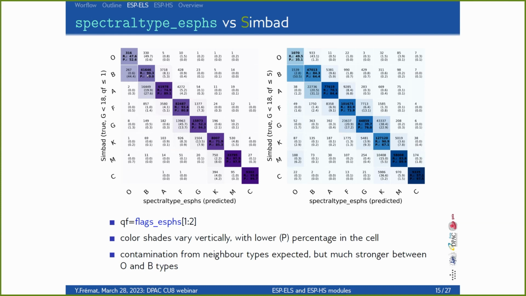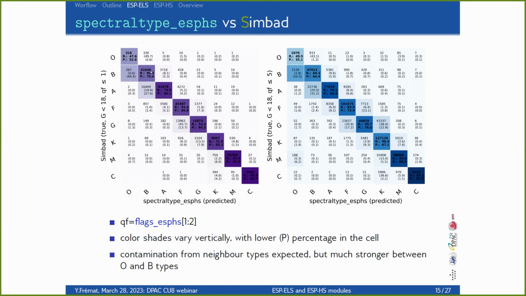Of course, we still have some confusion and contamination from the neighboring cells, but that is really expected since we used a very strict temperature threshold to decide what star is an O or a B-type star.